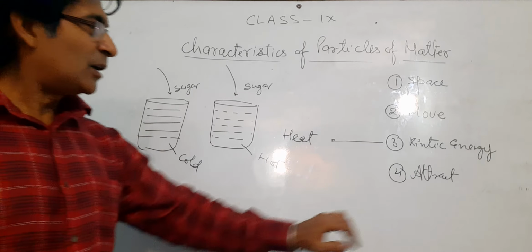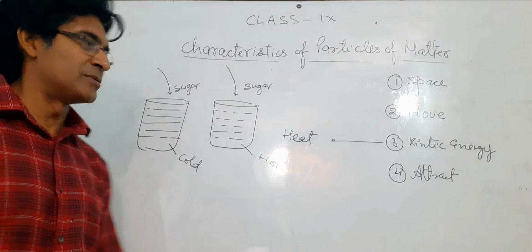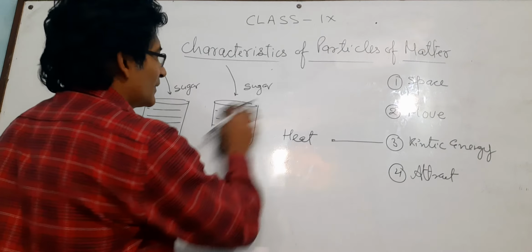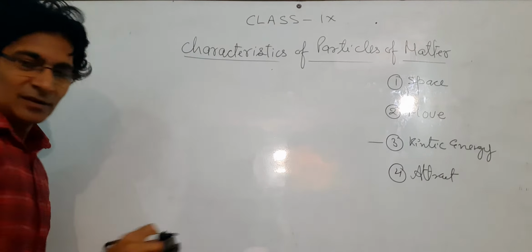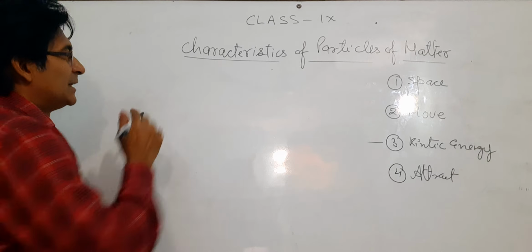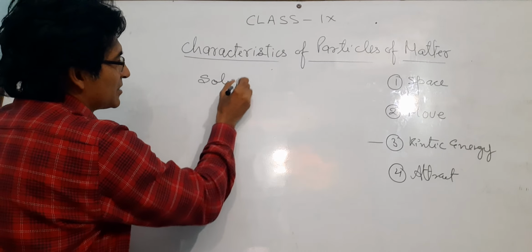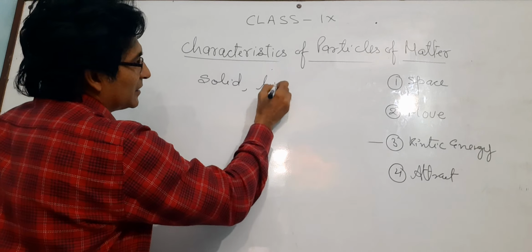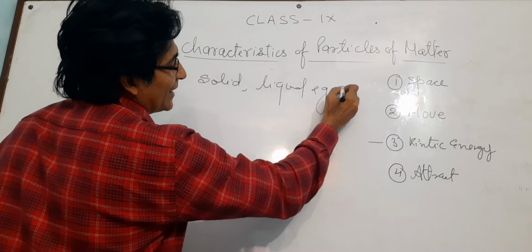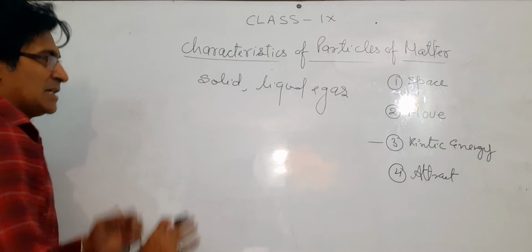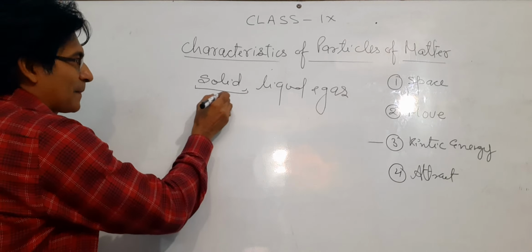Now we come to the fourth point, that is the attraction between the molecules. We know that matter exists in three states: solid, liquid, and gas. Suppose we take the example of solid things.